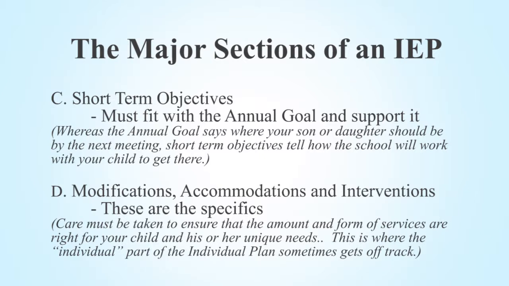And then the 4th section is the modifications, accommodations, and interventions. This becomes even more specific. So we've gone from the general to the very specific. What specifically will be provided for your child? For example, will instructions for tests be read to him or her to make sure that they understand what the test is asking?